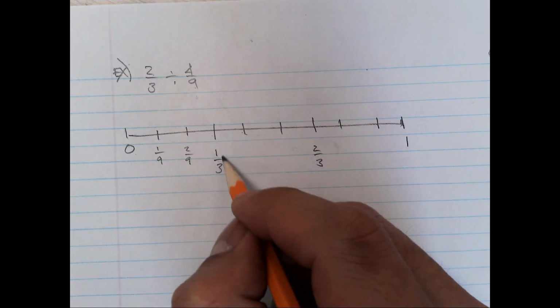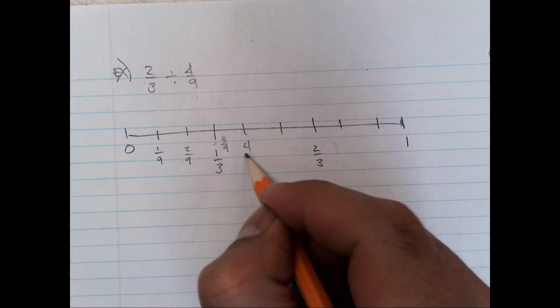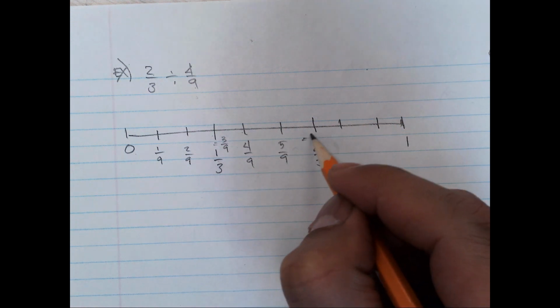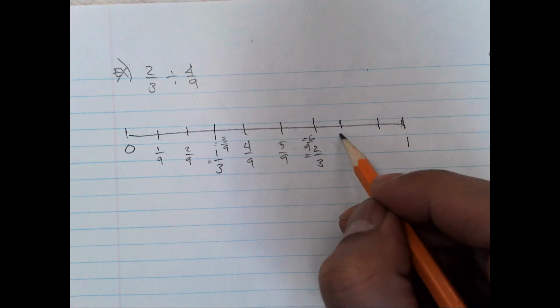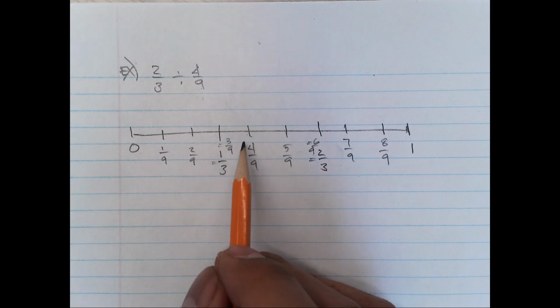This is what 3 over 9 would look like. 4 over 9, 5 over 9. This is what 6 over 9 would look like. It's equal to 2/3. And this one, 7 over 9, 8 over 9. Okay?